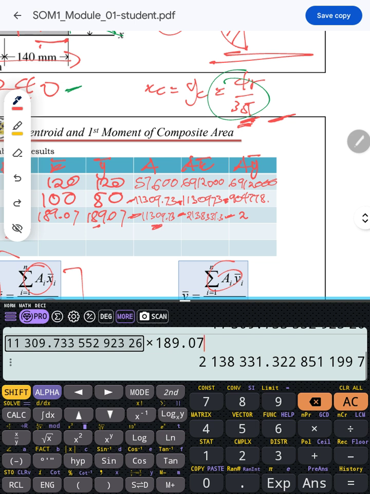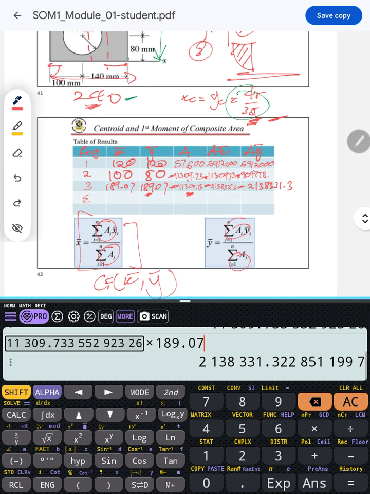So this is our A, this is our Y. To be the same thing as the A and then the X, right? So 2138331.3. Here's AY, this is A, this is Y. Okay, so now let's move on.